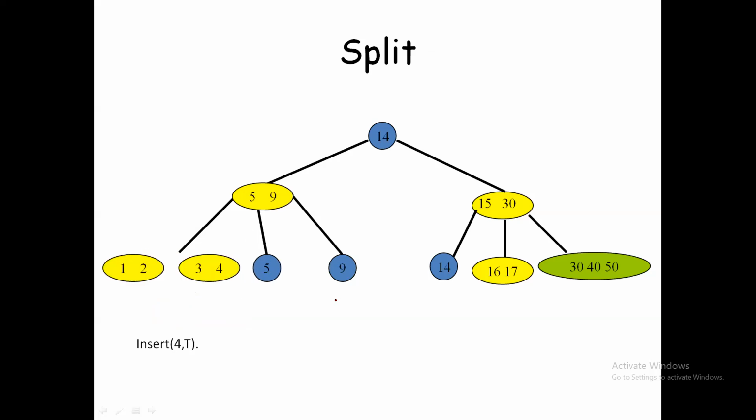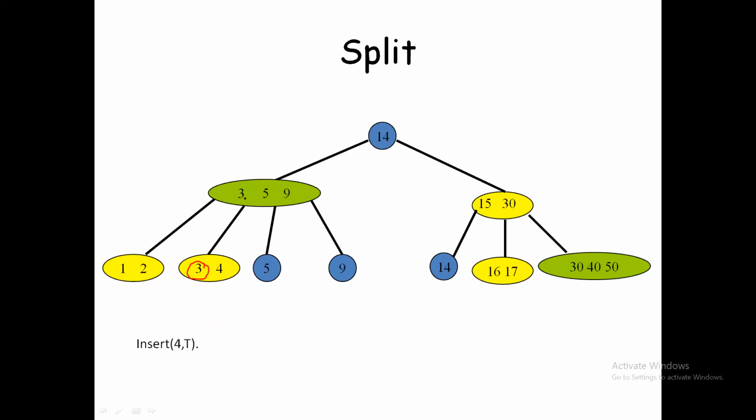See what happens. I split 1, 2, and 3, 4 is there. Next, automatically 3 is taken as the key and placed in the root of these 2 child nodes.